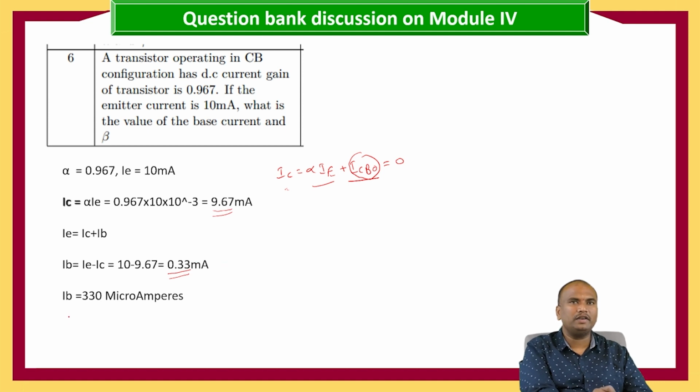So IB is equal to 330 microamperes. Now the base current will be 330 microamperes.